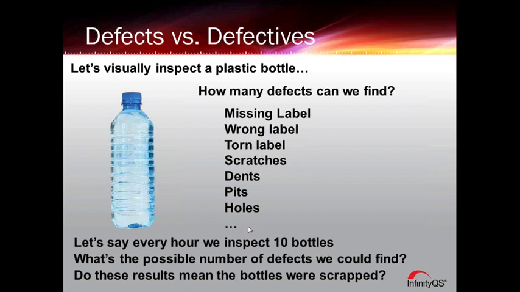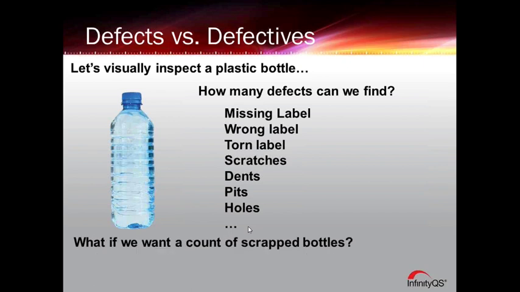If I find a hole, well, that's a key tenet in having a water bottle that's fit for use. But maybe I find some scratches and dents, and while I'm not happy about that, I may be able to allow it to go through and be fit for final use. So again, we need to make sure that we understand what it is that we're looking for.